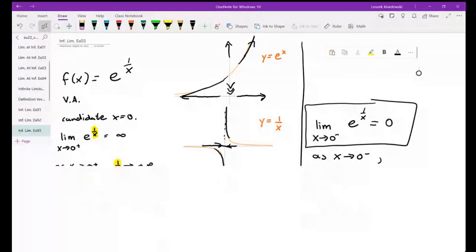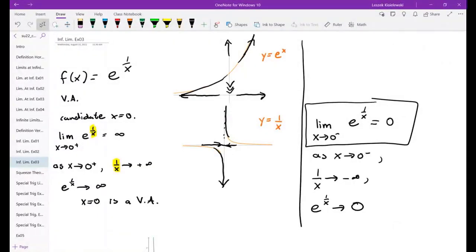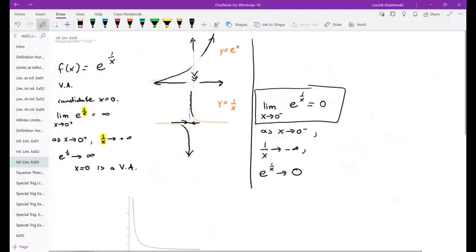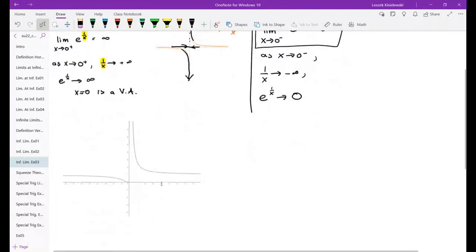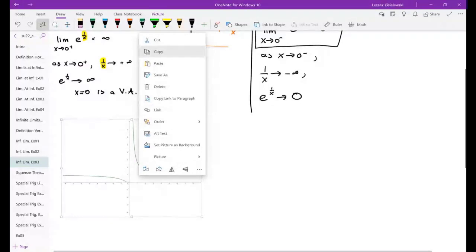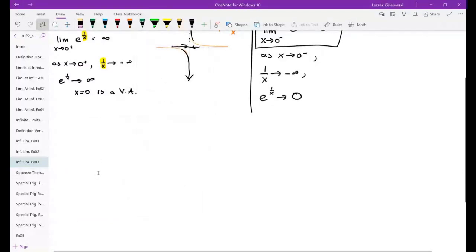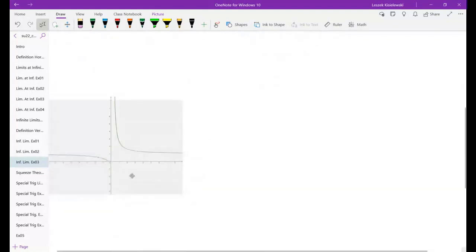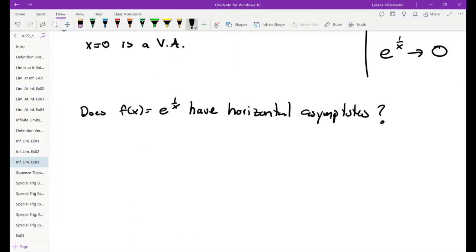And before we move on to Squeeze Theorem, maybe just for kicks, what is the limit here? Do we have any horizontal asymptotes? So how do we attempt to answer this question?